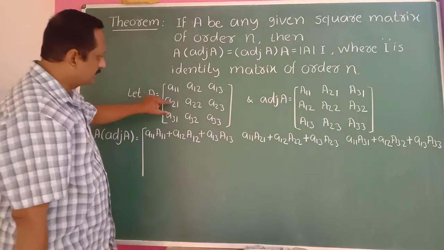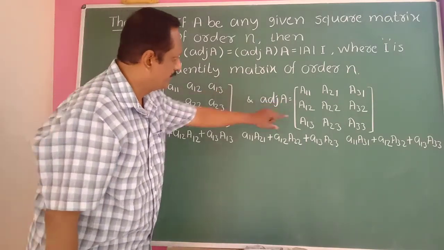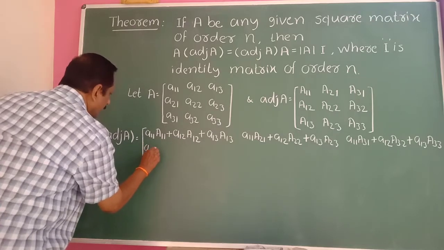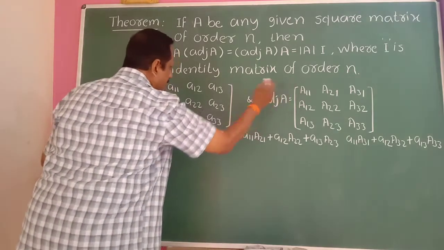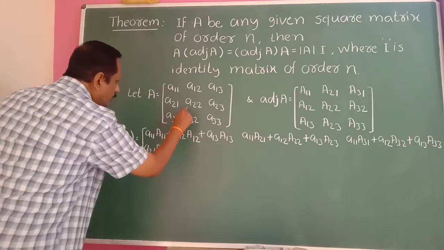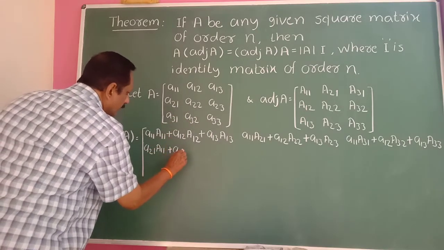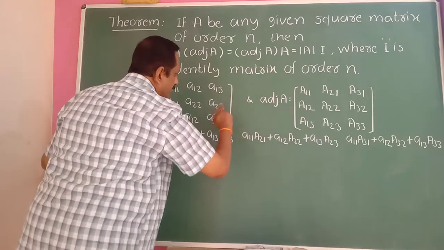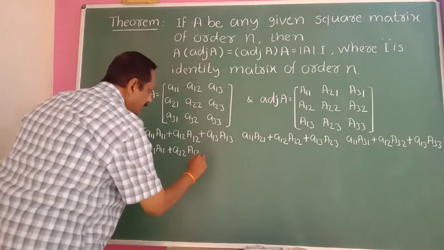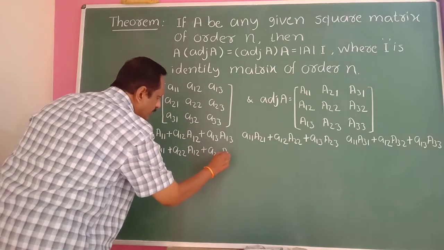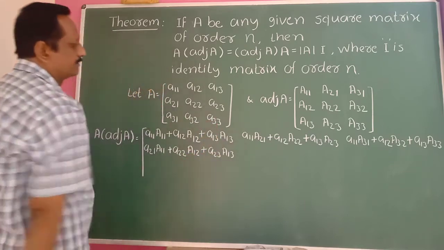Then multiply this second row with the first column: A21 into A11 plus A22 into A12 plus A23 into A13.